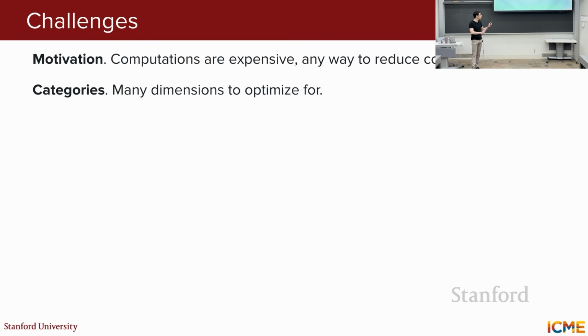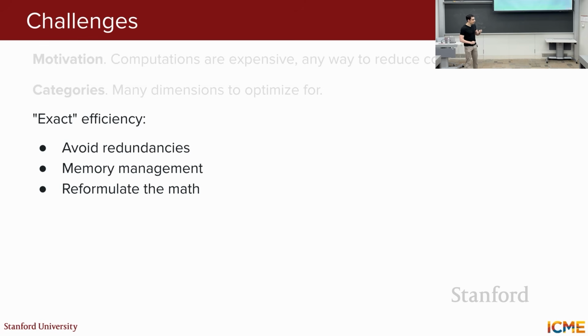So I want us to divide this thought process into two parts. First, we're going to see what methods we can come up with that give us increased efficiency on an exact level. So you exactly do the same computations as you were supposed to do, but in a more efficient way. I put some hints as to what kind of techniques we're going to explore.